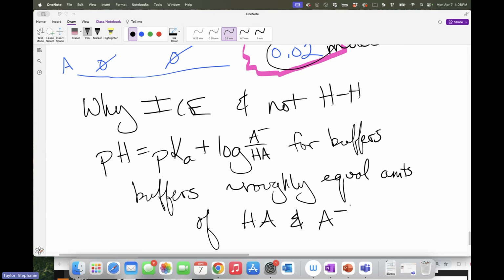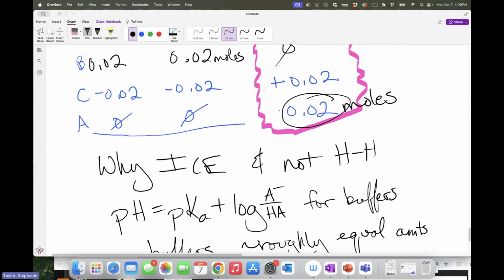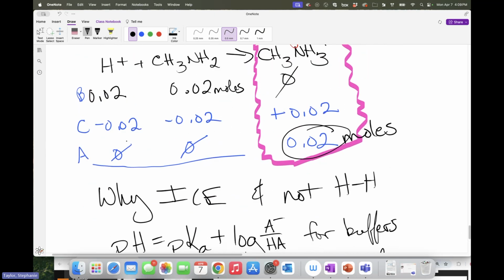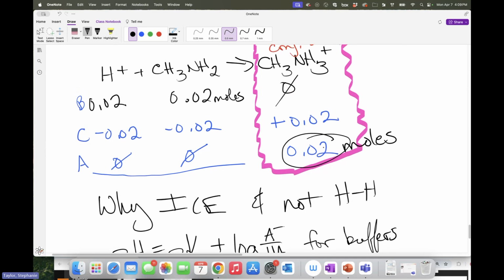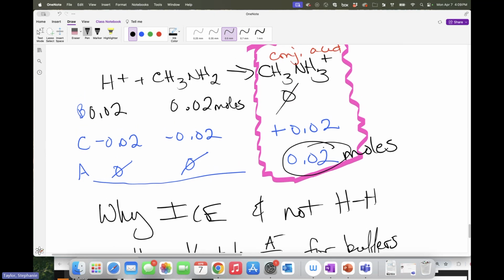When I took a look at my BCA table and it said, by the way, you don't have any strong acid, cool. You don't have any weak base. All you have left is weak acid. That also tells me I don't get to use Henderson-Hasselbalch because I've essentially reacted away all of the weak base. So I don't have a buffer. I have so much weak acid and so little weak base that this is not a buffer and I can't use that equation.